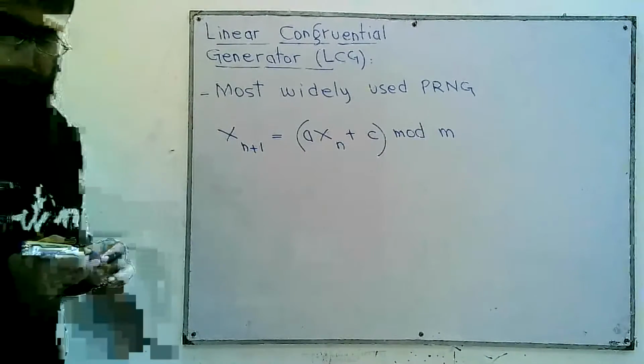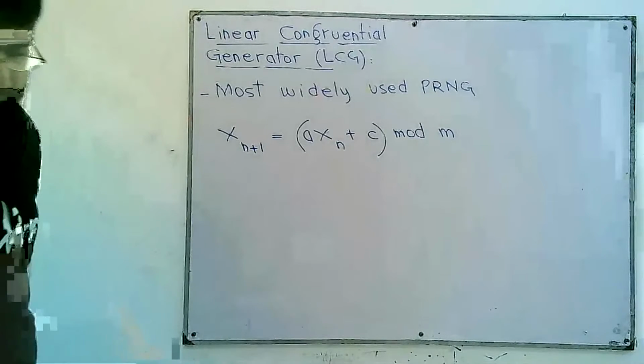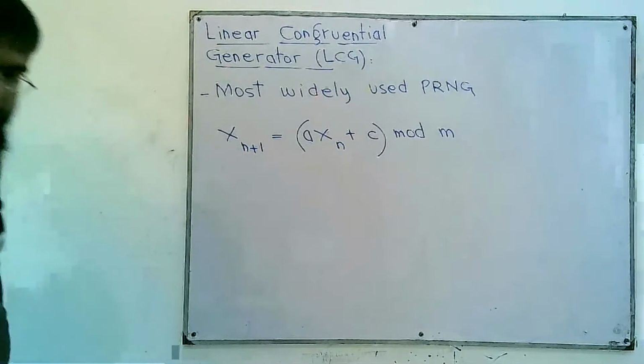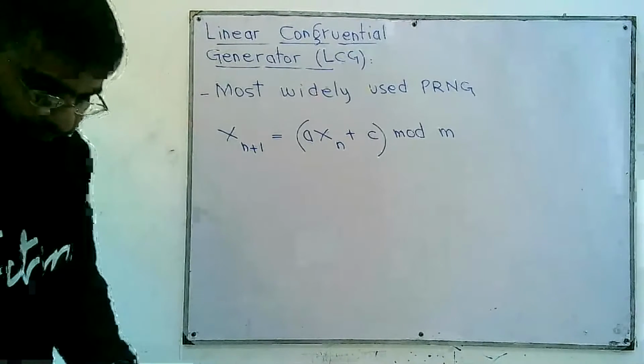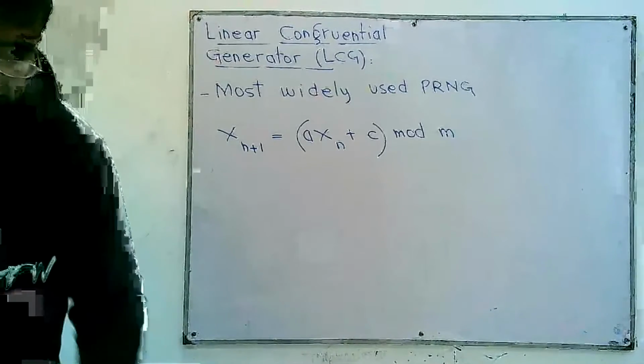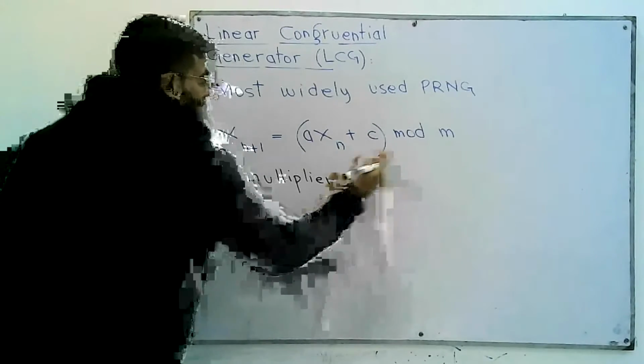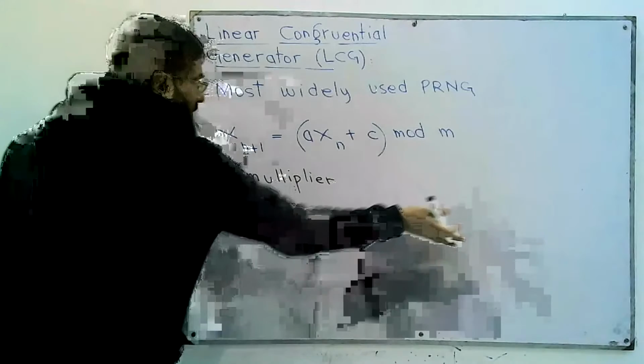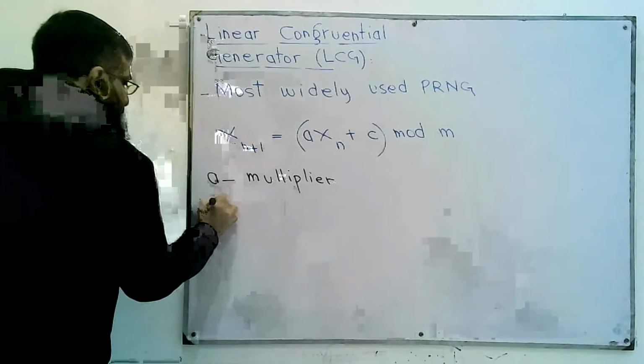We'll start with an m, the modulus, and we'll perform this remainder division. This division doesn't give us a 0. I'll show you how.